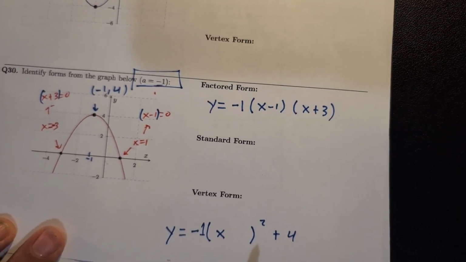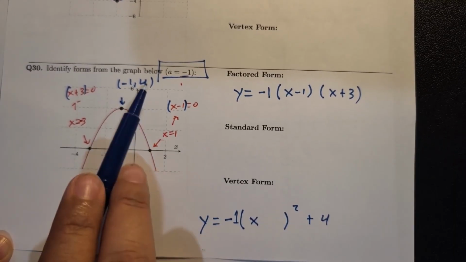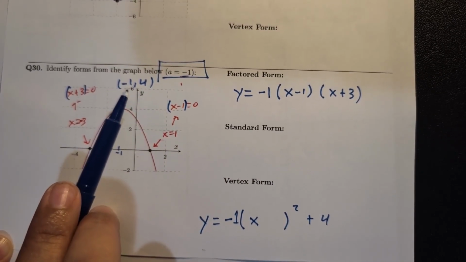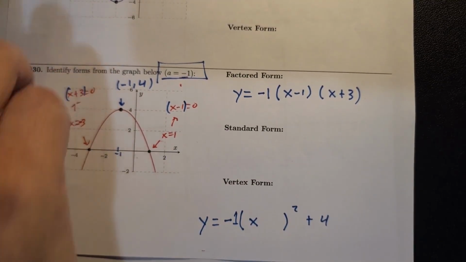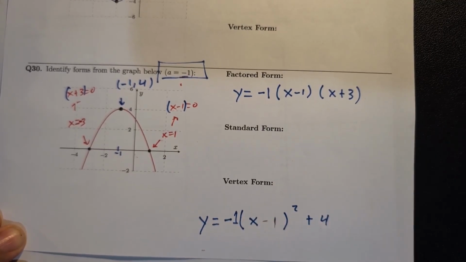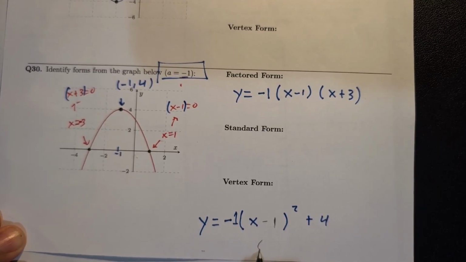When I write it inside my equation, that 4 came from the y term. It's outside of my parentheses. I do exactly what it says. It's not like that -1 though. That one has to go inside here. So if I do a -1 here, that means that my vertex is going to be 1, 4.